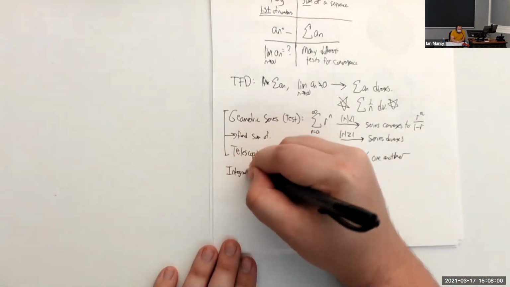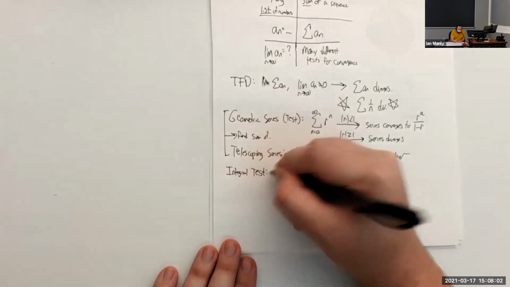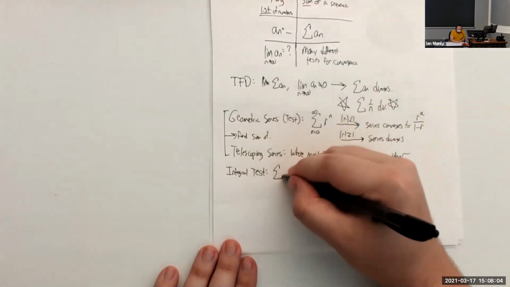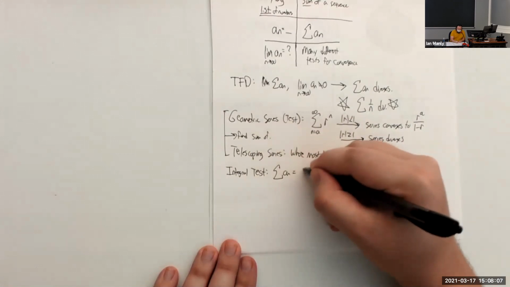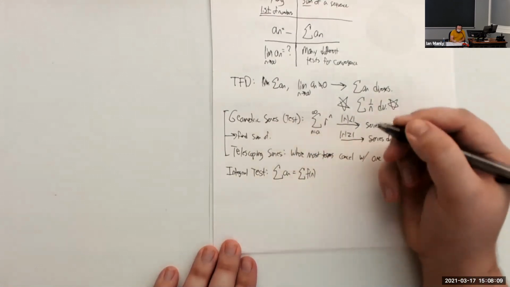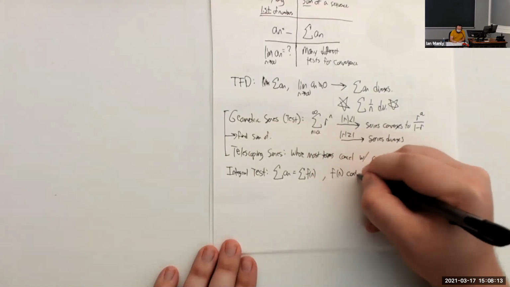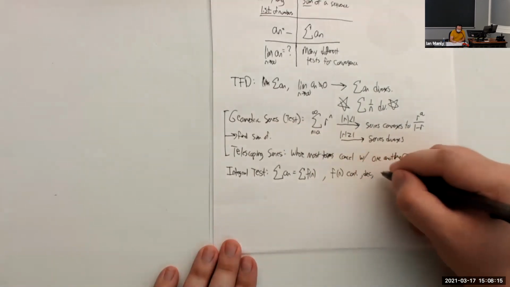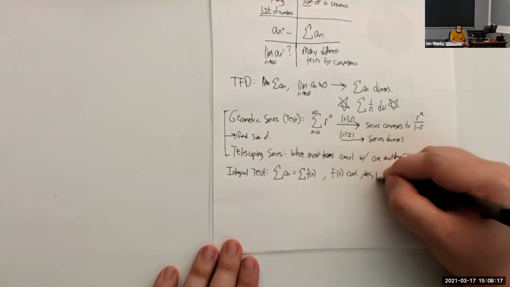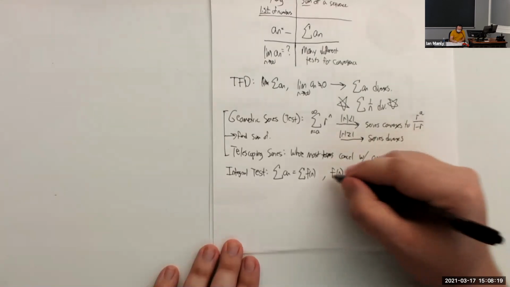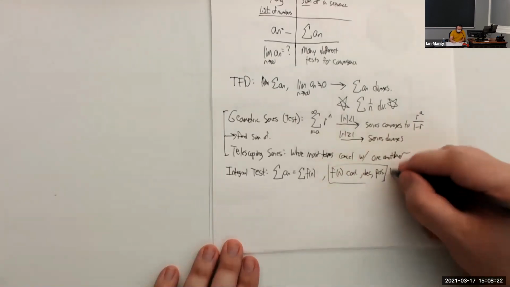All right, the next test we learned about was the integral test. And what this says is that if we have a series a_n, which has the formula f of n, and we know that f of n is continuous, decreasing, and positive. So remember, we need to satisfy these conditions here.